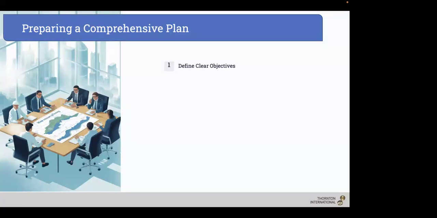So you need to define what you are expecting from your system, from your plan. Then create an action inventory. You need to prepare a comprehensive list of potential actions with estimates of water loss reduction, costs, and efficiency for each intervention.